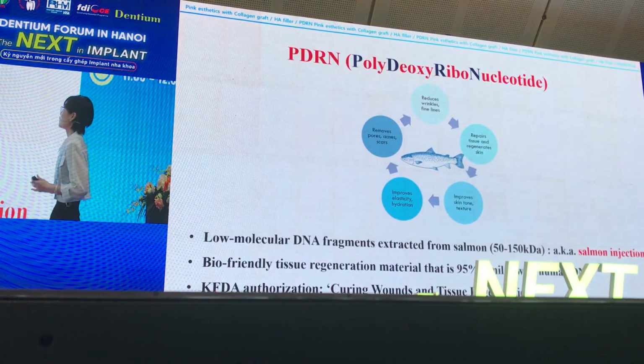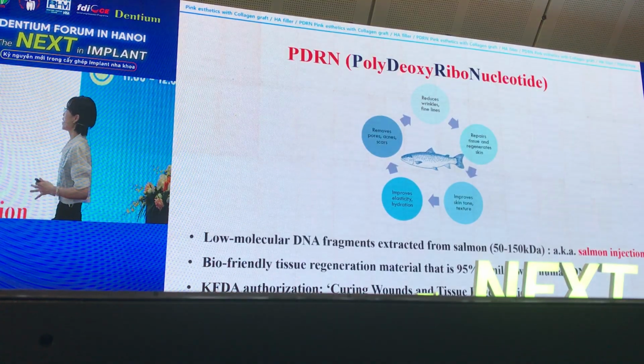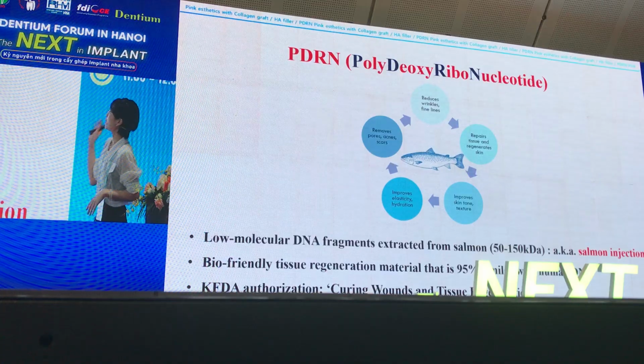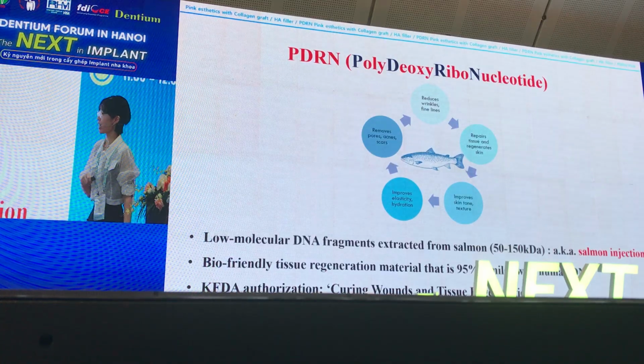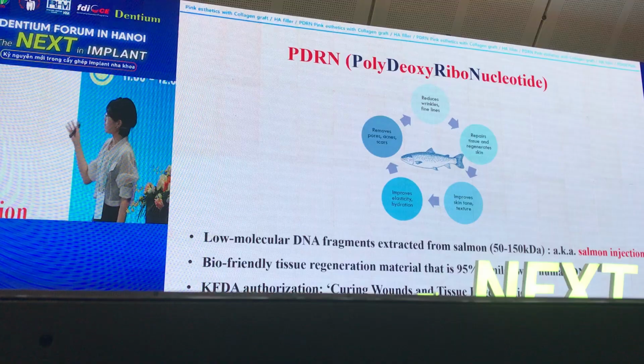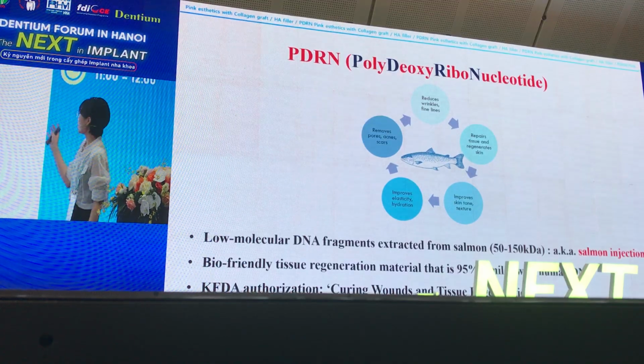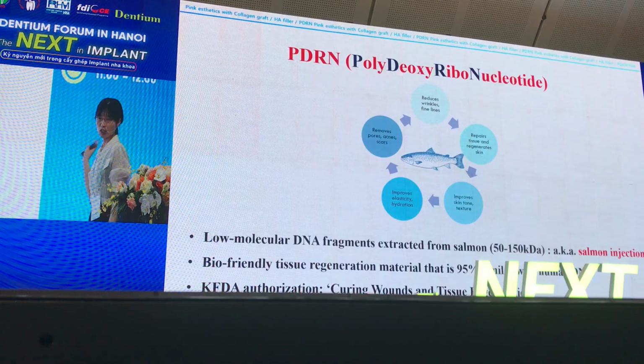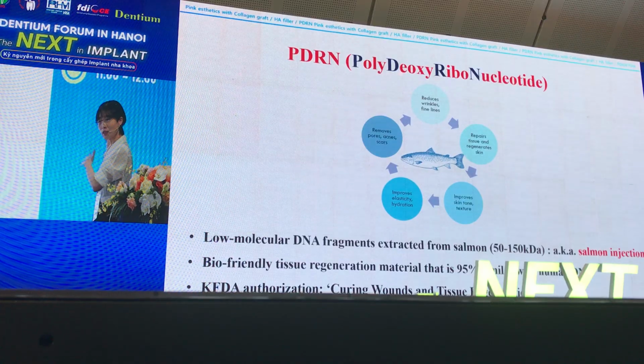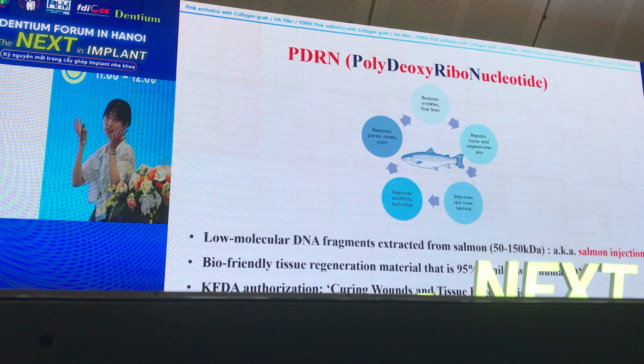And I'd like to introduce PDRN, which is an abbreviation for polydeoxyribonucleotide. It originates from salmon, right? So it is known as the salmon injection in the medical field for aesthetics.